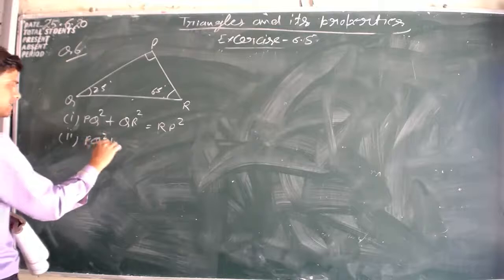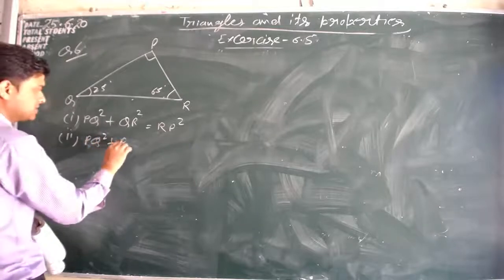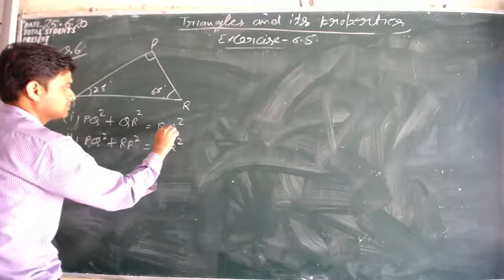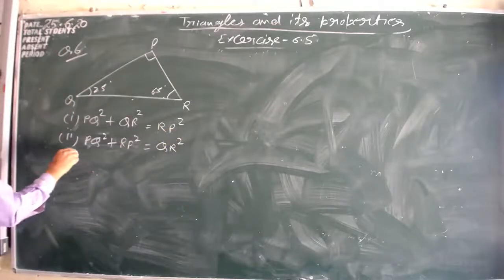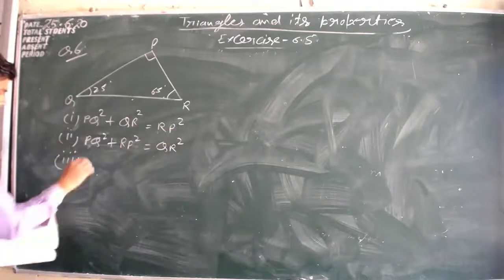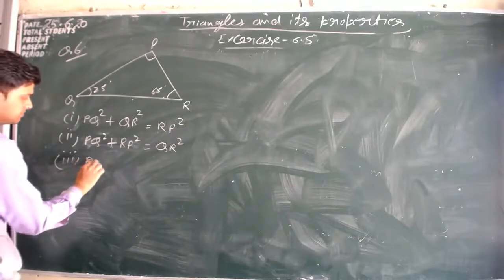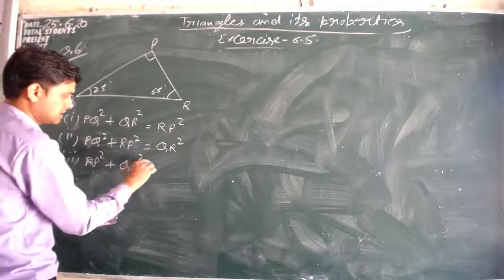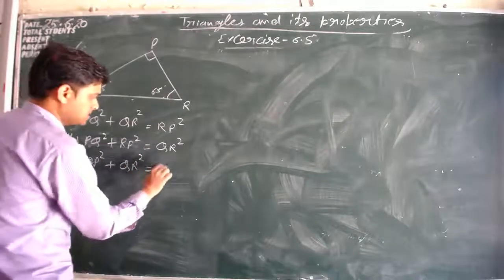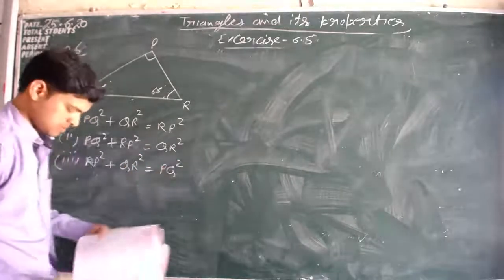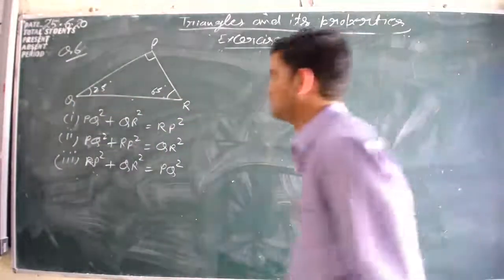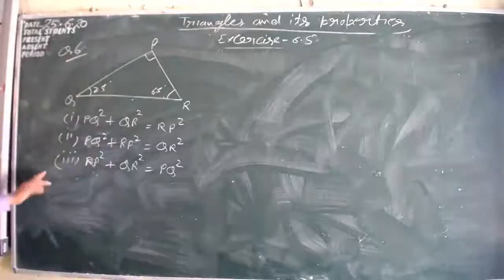Second statement plus RT square is equals to QR. Next statement, third statement is RP square plus QR square and is equals to PQ square. Okay, these three statements are given. Okay, now we have to choose that which statement is true.